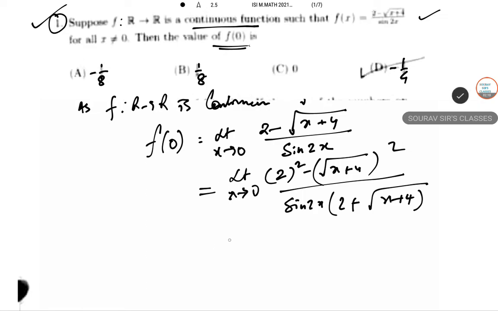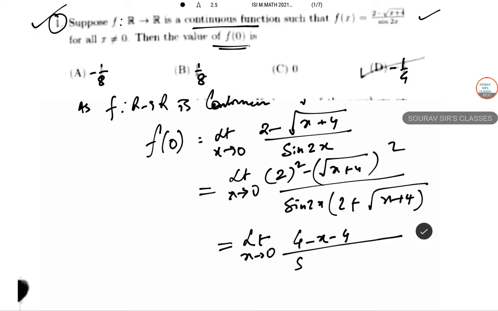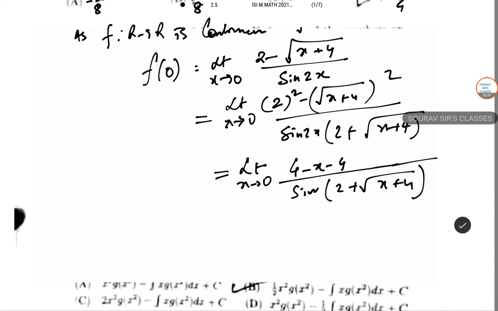Now for this limit as x tends to 0, the numerator will be 4 - x - 4, and the denominator remains the same. Now there will be a slight change we have to make.